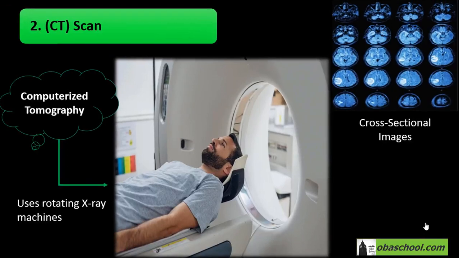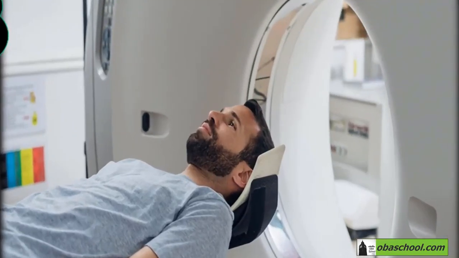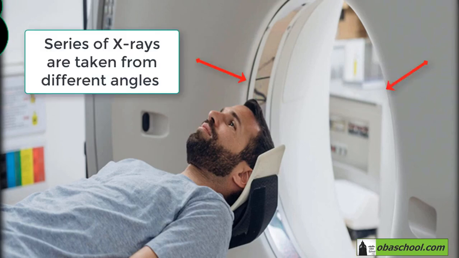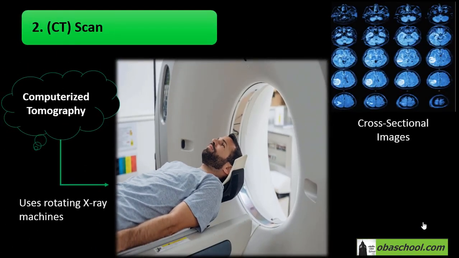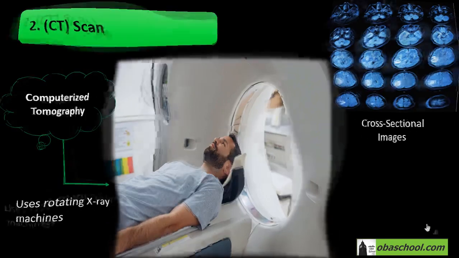During the CT scan, you lie in a tunnel-like machine where the inside of the machine rotates and takes a series of X-rays from different angles. These pictures are then sent to a computer and created in the form of slices.